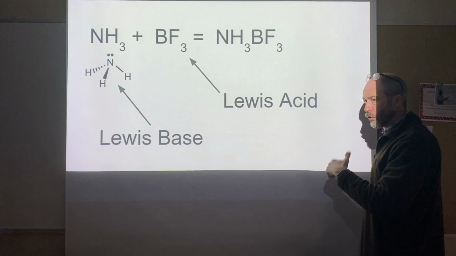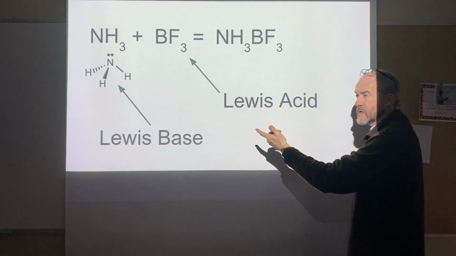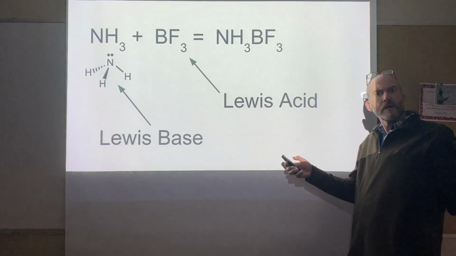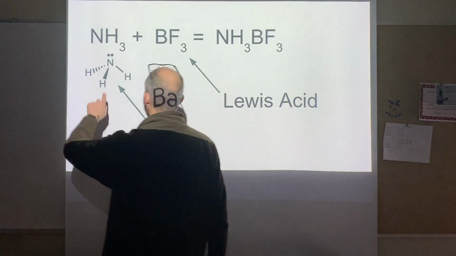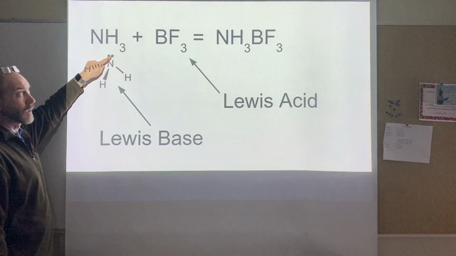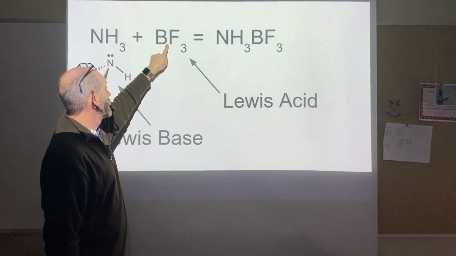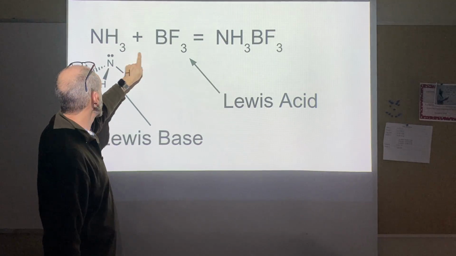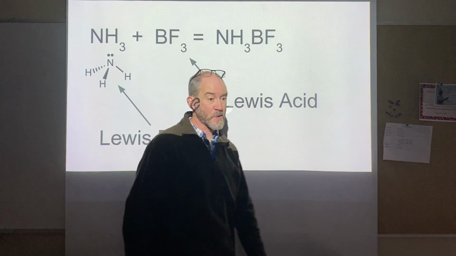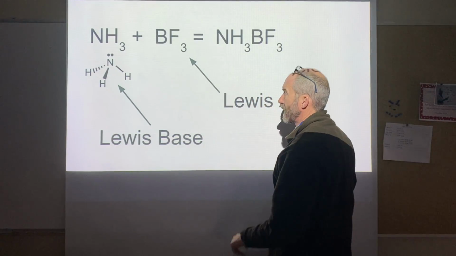So the Lewis definition of this still gives us an acid and still gives us a base. Well, how can that be, you say? Because this, as you remember, had this lone pair, and this was willing to come in and make an association with this and basically accept this pair. And that's a bigger discussion than I want to have right now as to why.